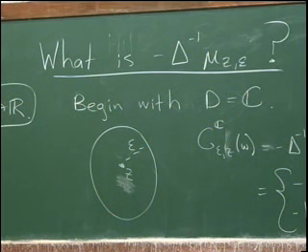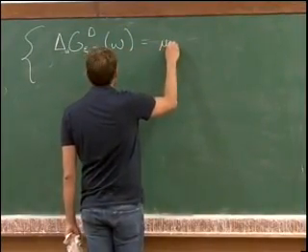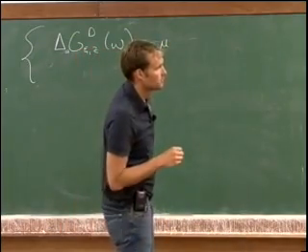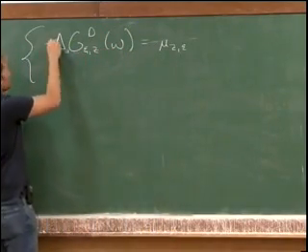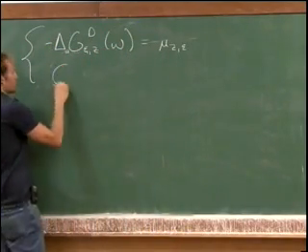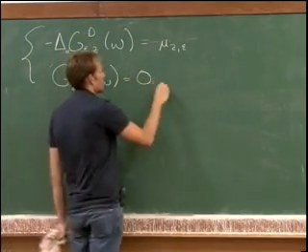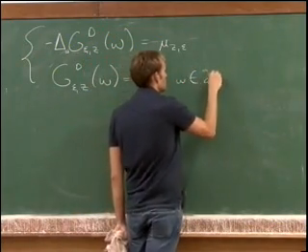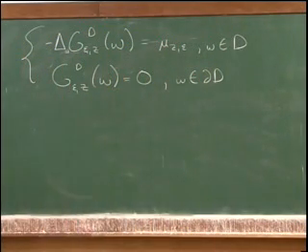We want a function G, which depends on epsilon and z in the domain D, whose Laplacian with respect to w we want to be equal to this uniform measure, mu of z epsilon. Probably negative Laplacian. And we want the boundary conditions to be 0 for w on the boundary.